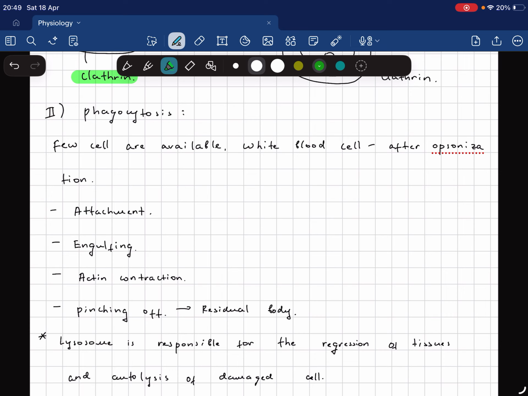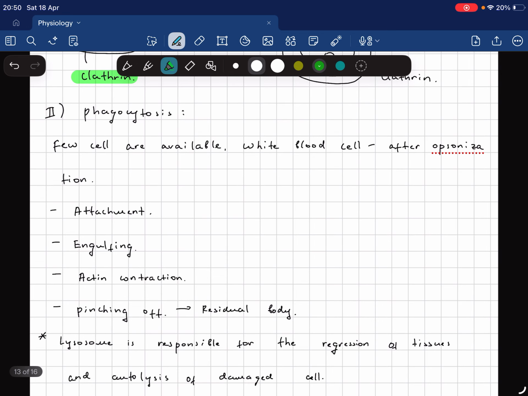First is attachment, then engulfing, actin contraction, and pinching off. After the pinching off, you will have the residual body, which is just indigestible substance after the phagocytosis, and then that is excreted by the cell, and that process is called exocytosis.